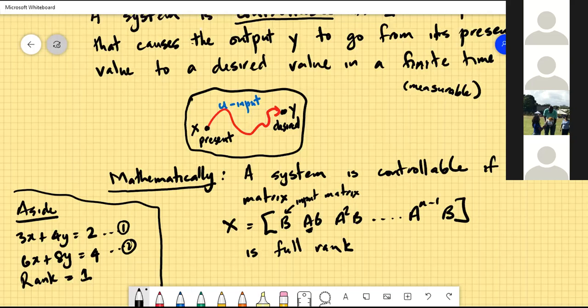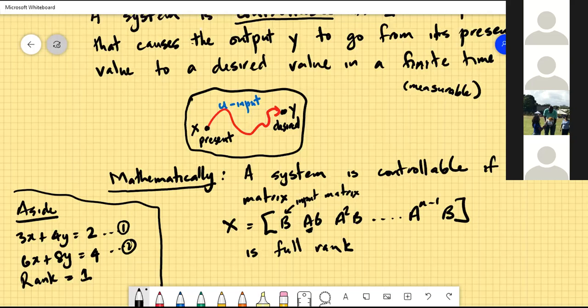So one of the things we are looking at is that when you take the matrix and the system and put them together, we must be able to solve that equation, because we are still looking for a u that will carry us from point A to point B. The output that we want, y, is dependent on x1 and x2, so the system must be able to be solved.